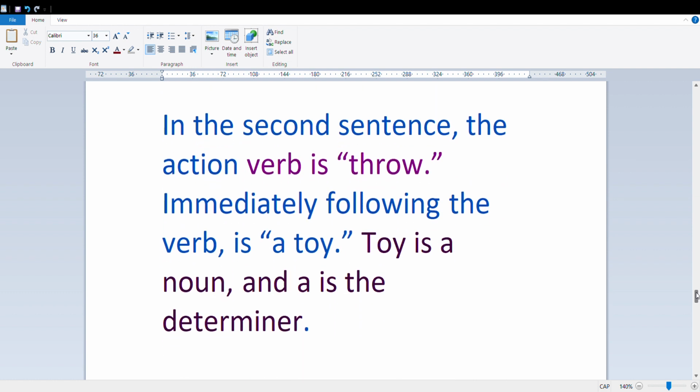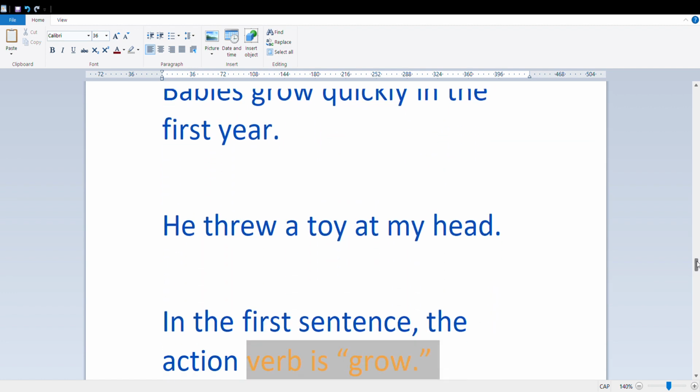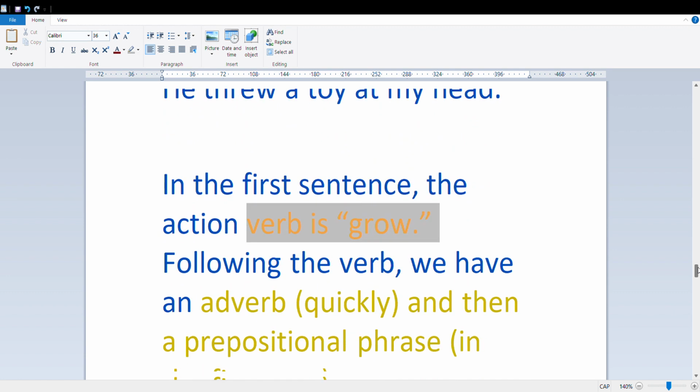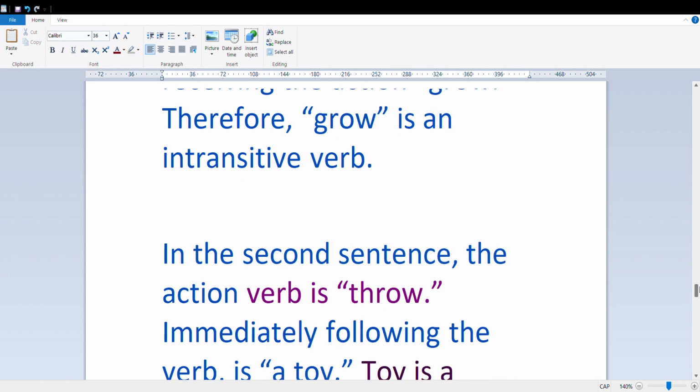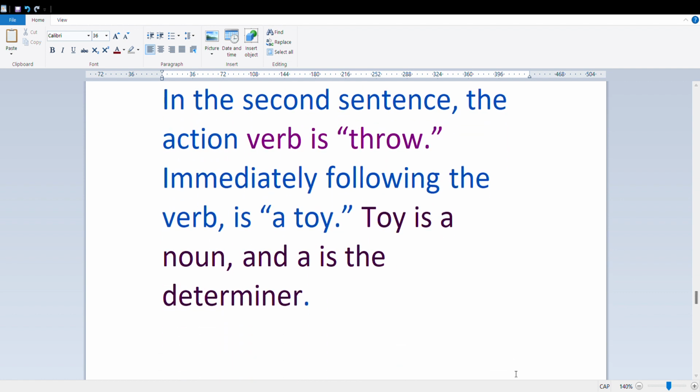In the second sentence, the action verb is throw. He threw a toy at my head. Immediately following the verb is a toy. Toy is a noun and a is a determiner. You all know the determiner, I hope. So throw will be your verb.